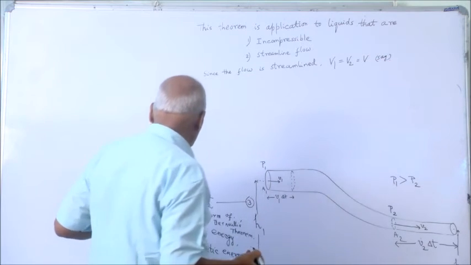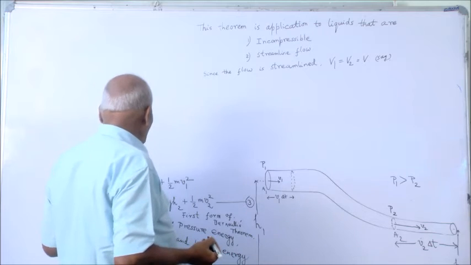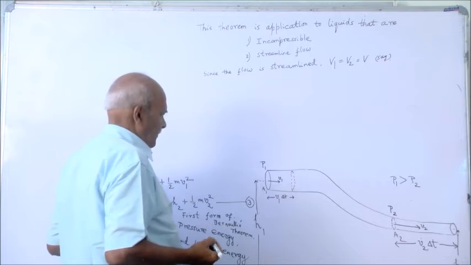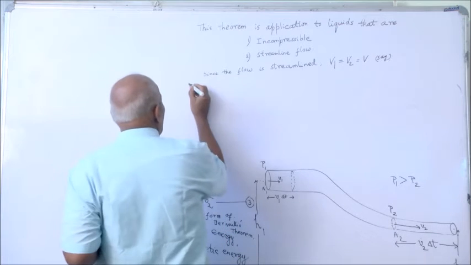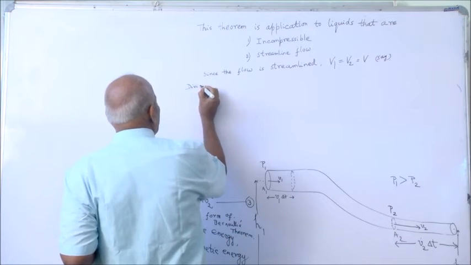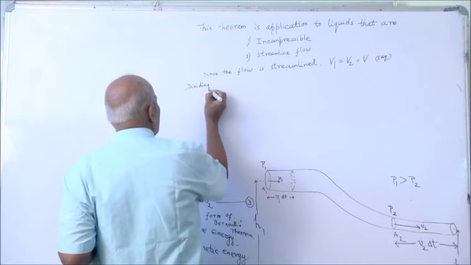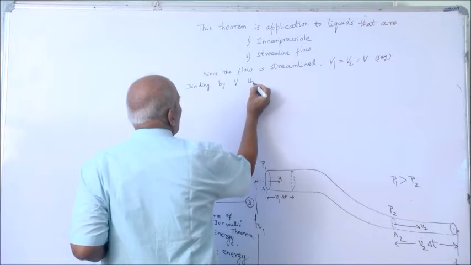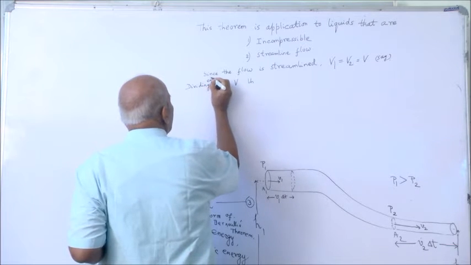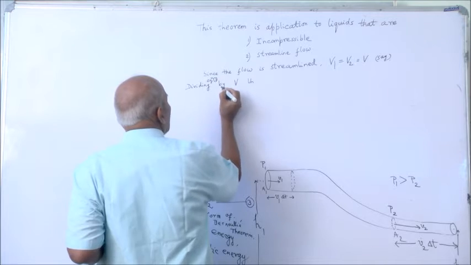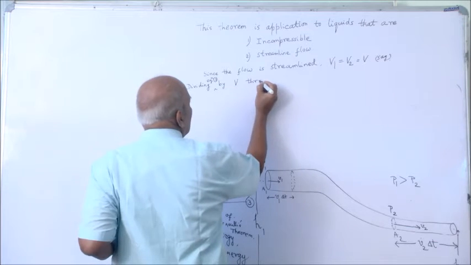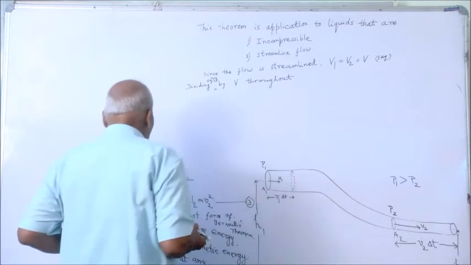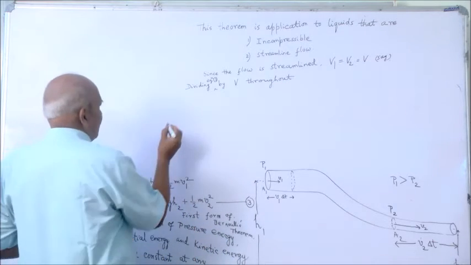So, in that case equation 3 will become P1V, then this thing, then P2V. So, dividing equation 3 by V throughout, that means each term is to be divided.